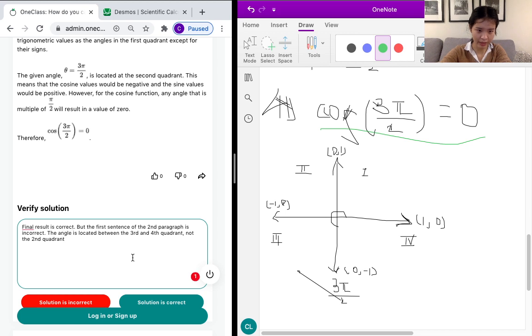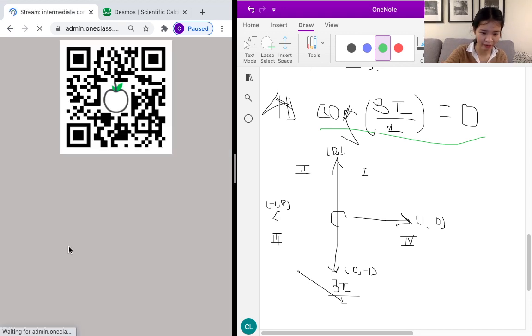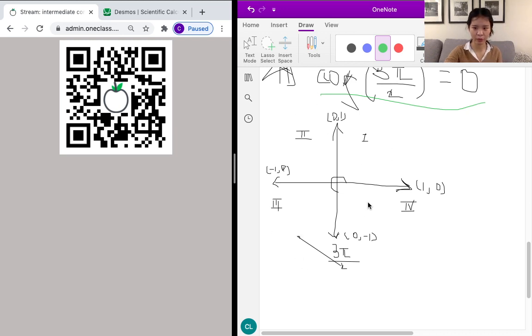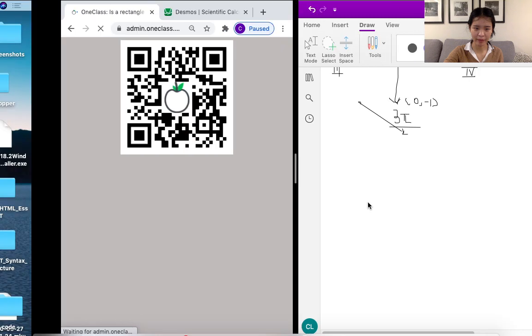The angle 3 pi over 2 is located between the third and fourth quadrant, not the second quadrant. The final result is correct, but the steps are incorrect. So I'll say it's overall incorrect, so that people review it and change the steps given.